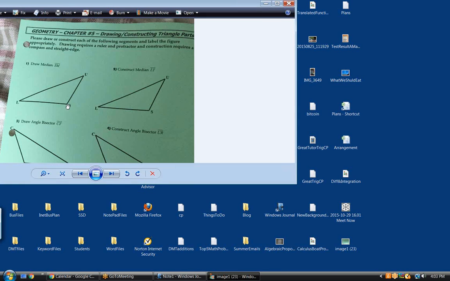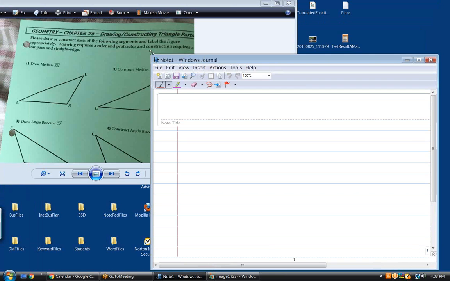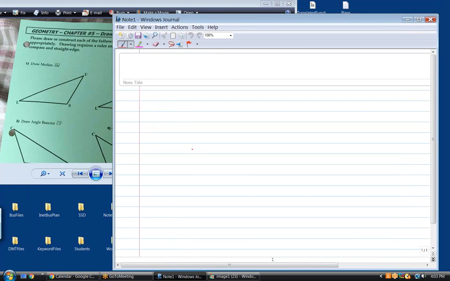Take your compass and put the needle point right there, and draw an arc that intersects line LU in 2 places. You with me? Yeah. In other words, here I can kind of draw it as I talk about it.